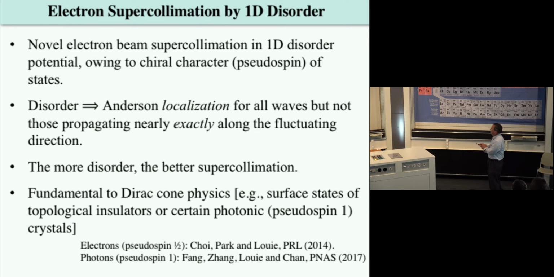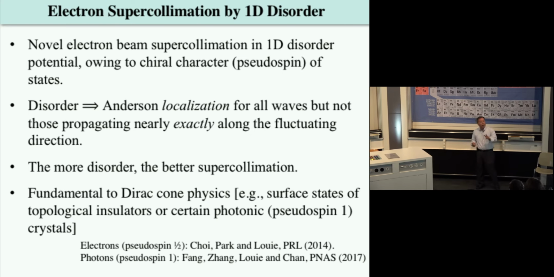So it should also occur on the surface states of topological insulators and also certain photonic crystals, where the electromagnetic wave also has this kind of pseudospin character. In fact, very recently, together with a colleague, a former student of mine, we looked at photons in photonic crystals. It's exactly the same behavior.